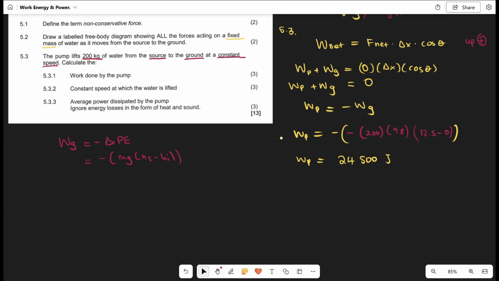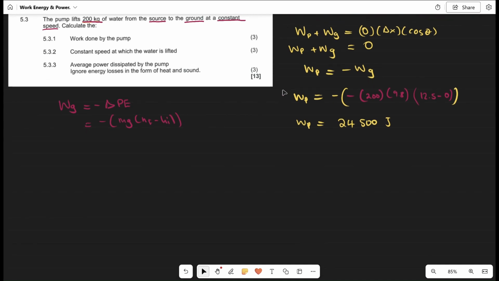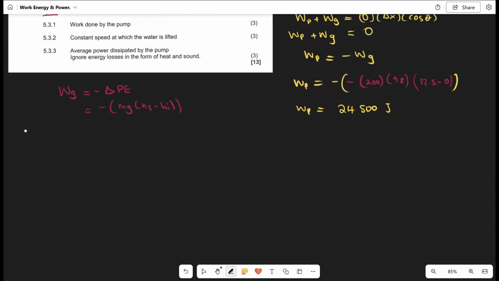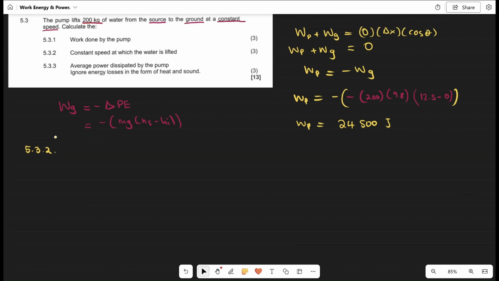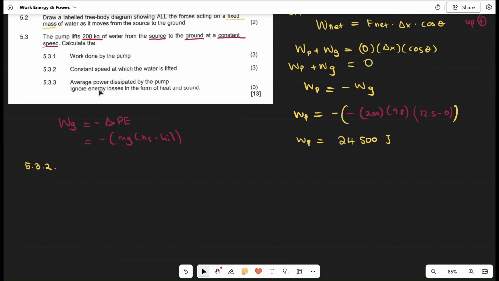So this was our 5.3.1, right? Now we're going to look at 5.3.2. They're saying calculate the constant speed at which the water is lifted. Since we want the speed, and the water is being lifted at a constant speed, we should find that speed.